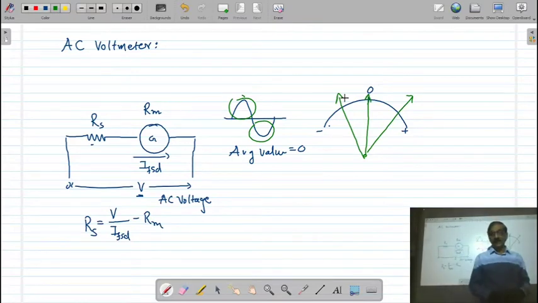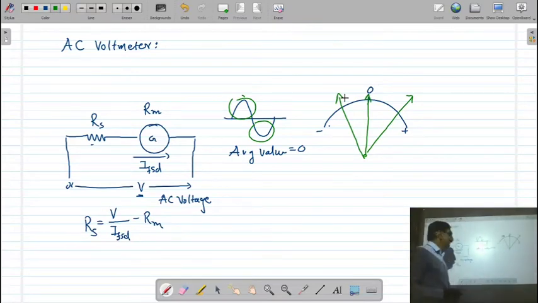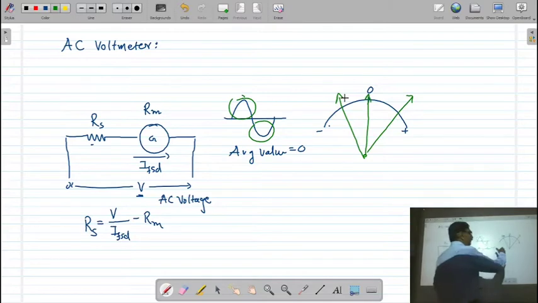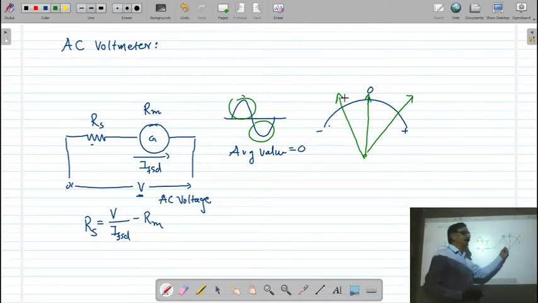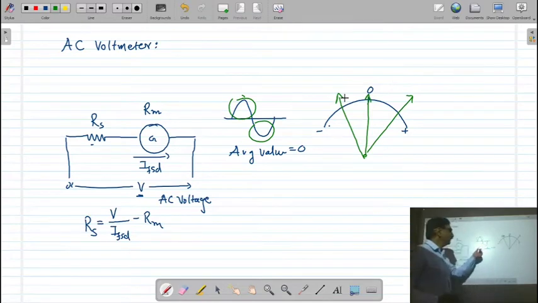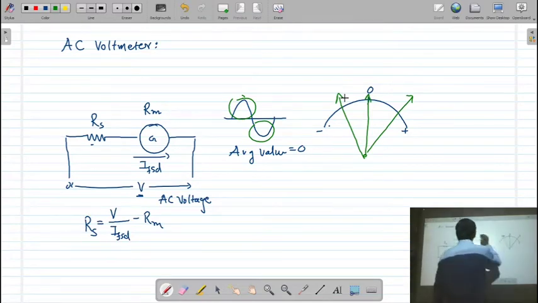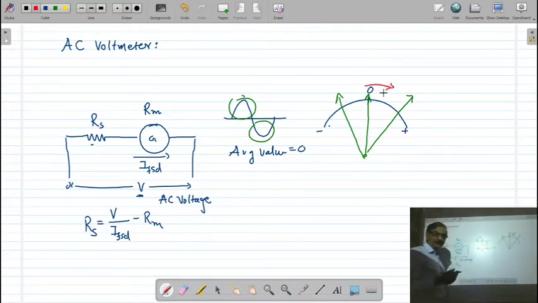But what happens is that when the frequency of your AC voltage is high, the pointer is not able to move to the right hand side as well as to the left hand side. When the positive voltage comes, the pointer will try to move to the right hand side. But the frequency is very high, so the time between the positive and the negative cycle is very small.